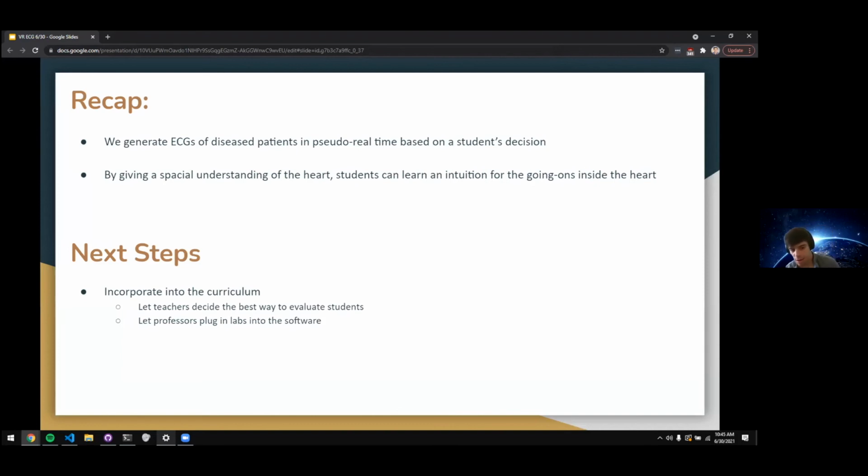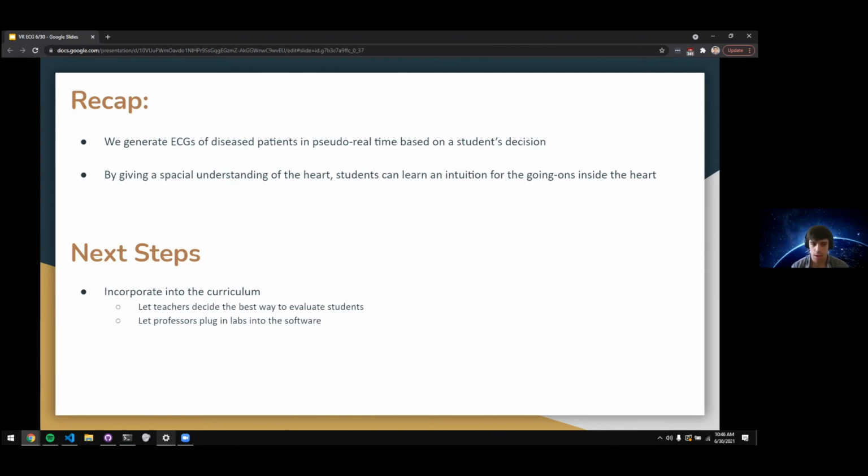And so the next steps that this project could take is to finally incorporate it into the curriculum. So we'll try and incorporate it into Professor Edelman's HST class.